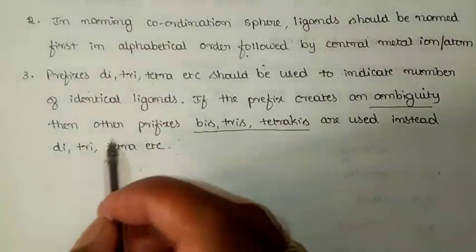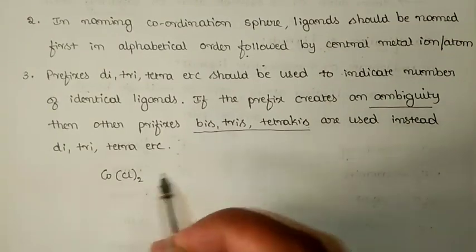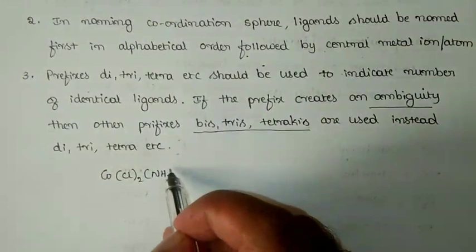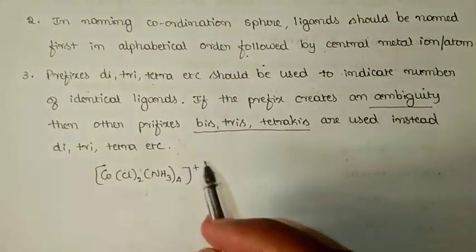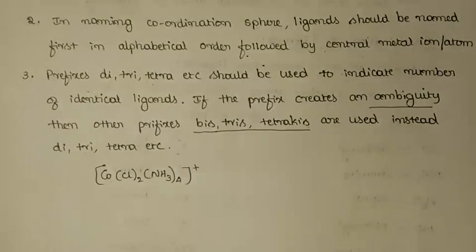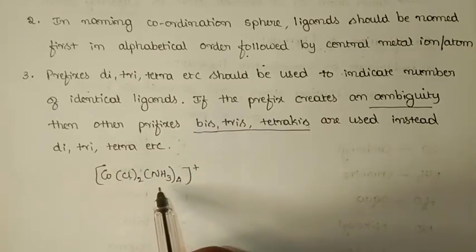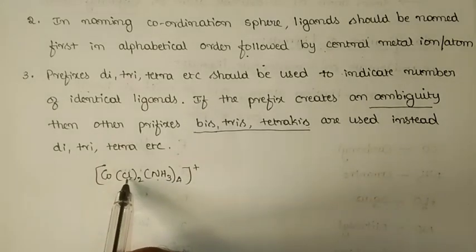So let us consider one simple example. Say [Co(NH3)4Cl2]+ with one positive charge. So here I am considering the complex ion. Here we have more than one type of ligand, that is, we got a heteroleptic complex over here, and the ligands present are ammine and chloro.